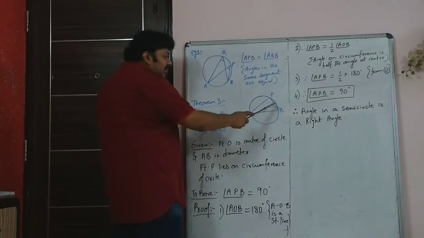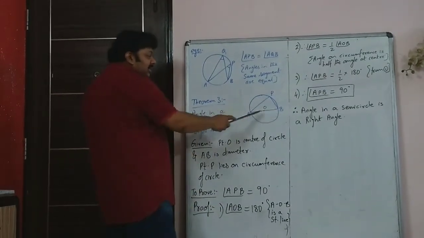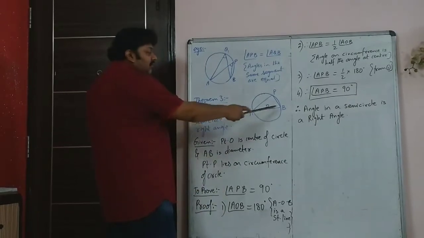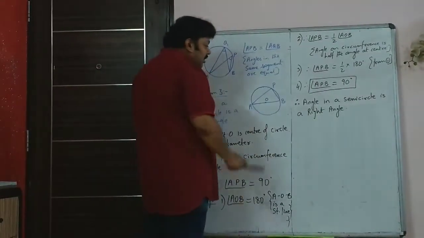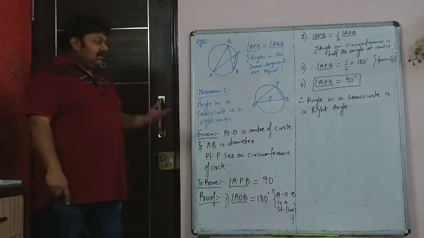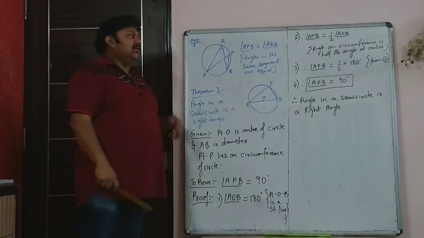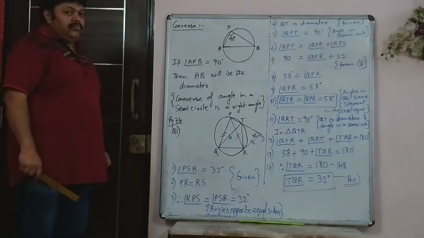So angle APB is half angle AOB. Therefore angle APB is half of 180. So angle APB is 90 degrees. Hence we can say that any angle in any semicircle is 90 degrees. Angle in a semicircle is a right angle. We'll see the converse of this and then we will start the sums.